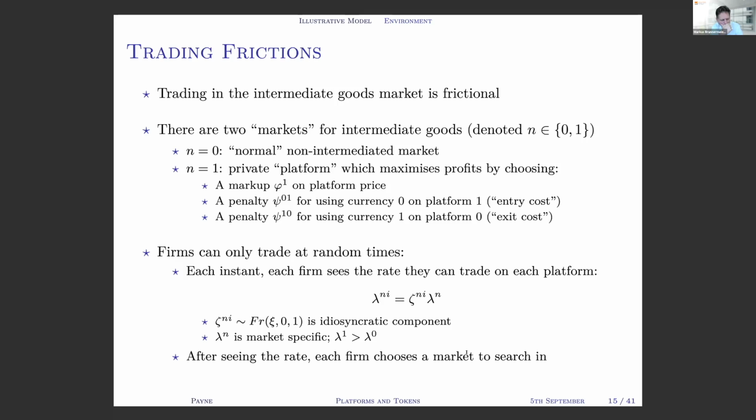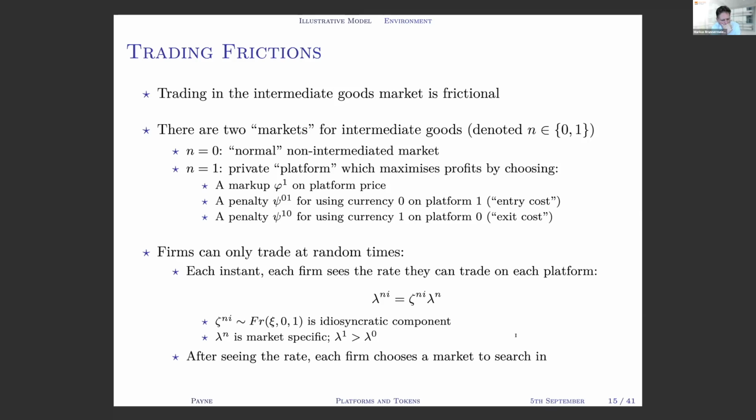So this is the idiosyncratic risk, and that's why it's going to generate the portfolio choice problem, where the firms are going to want to choose a mixture of currencies. Okay, so the firms see this rate, and then after this rate, they choose which market they want to search in, right? So they choose which market they want to look for the trading opportunity, and then, with a Poisson rate lambda, they get this opportunity.